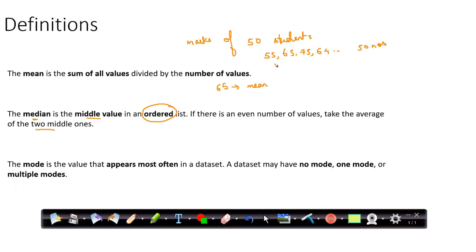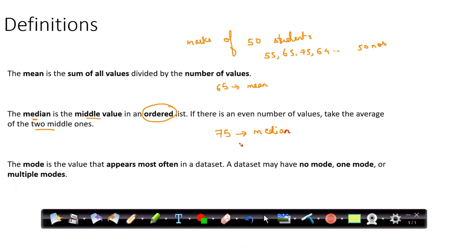So assuming that you sort all these 50 numbers in ascending order, and your middle number is 75, that would be your median.